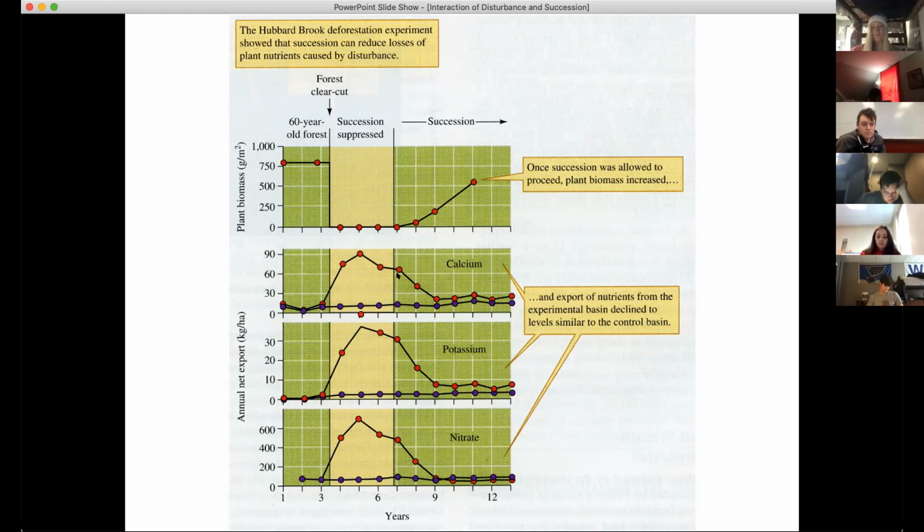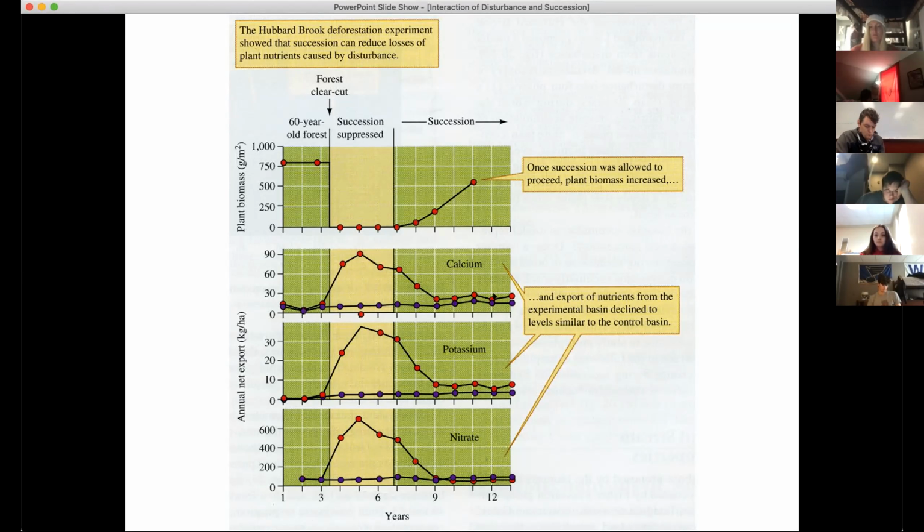So this ecosystem is less leaky when there are plants on the landscape, and it's leakier when those plants are not there, until by about 9 or 10 years after the clear cut, those organisms have basically returned nitrate levels back to background levels in terms of the nutrients being exported from the ecosystem in stream flow.